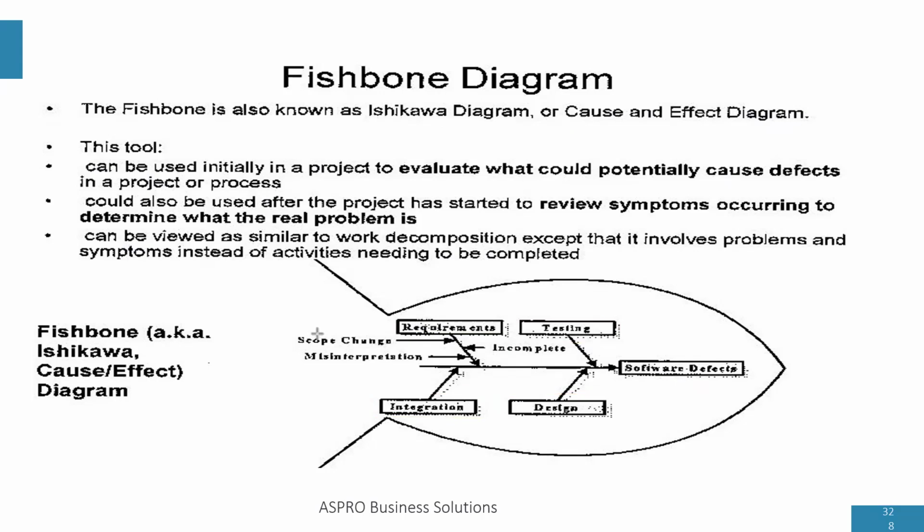For example, is there a scope change? If there's a scope change, then it can lead to software defects. If while gathering requirements they are incomplete, then the customer will say that the software doesn't meet all stakeholder requirements.